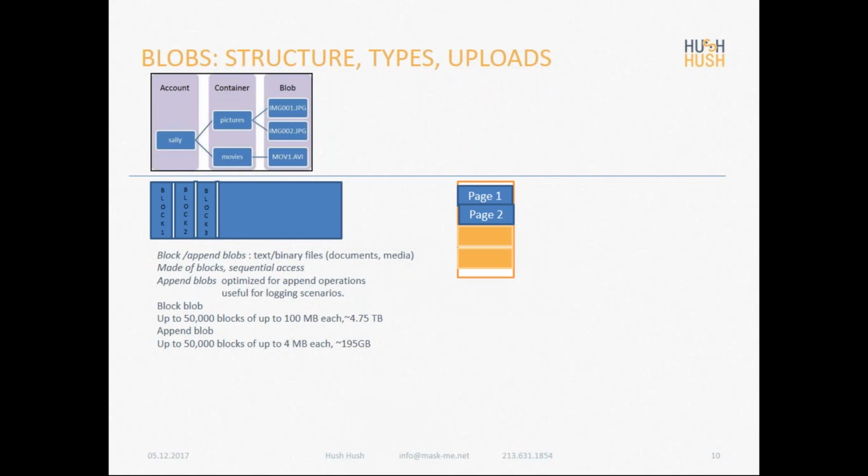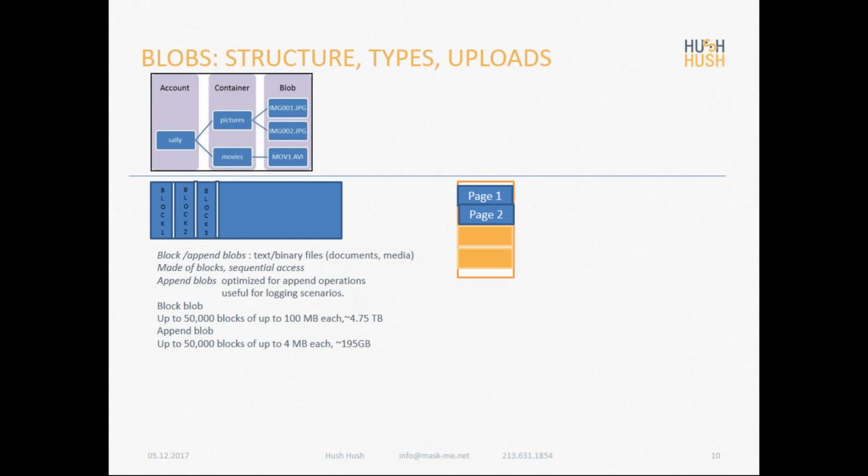So these are good for big files that you need to process in the streaming mode. The page blobs are good for files that you will be seeking and changing in a fast mode. So block blobs are usually text and binary files that keep documents and media and are made of blocks.